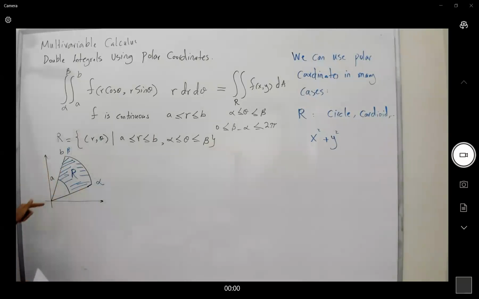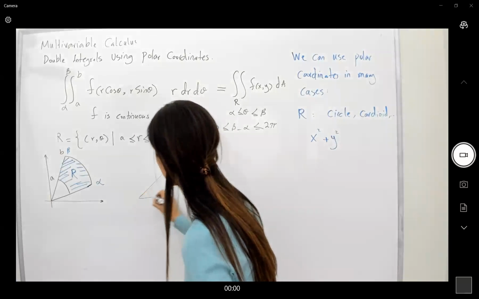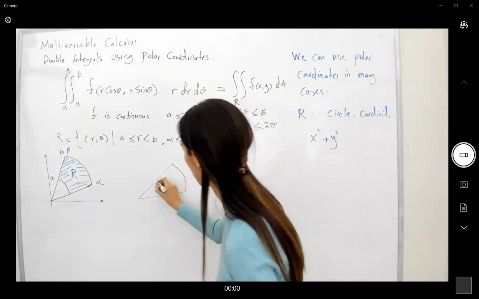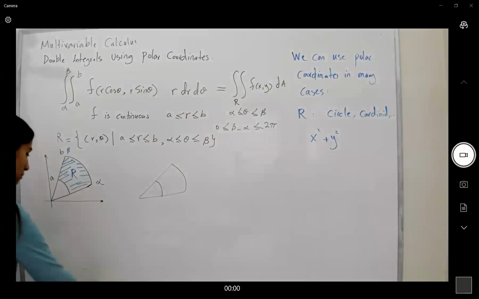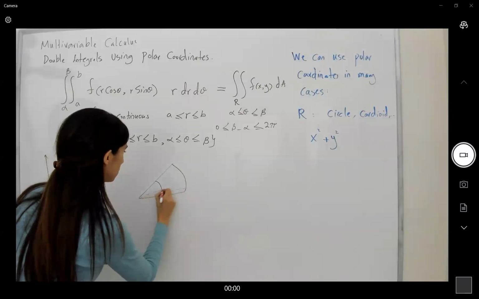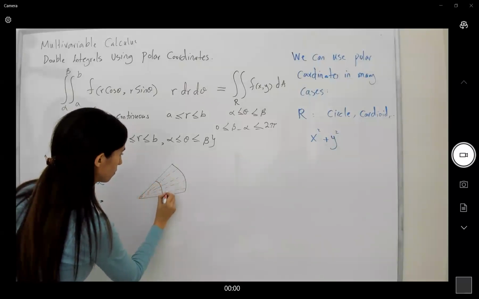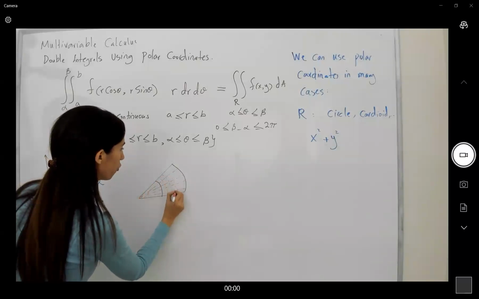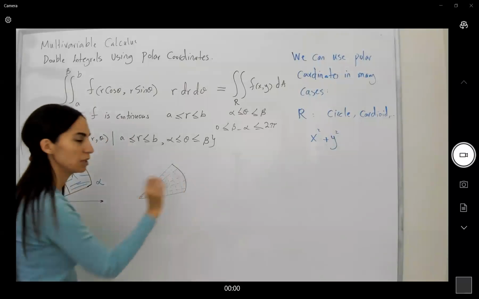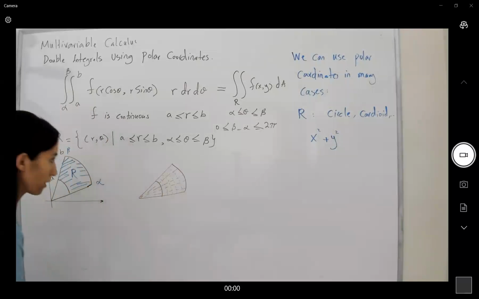What I'm going to do is just slice this region up, like before, trying to get some small pieces out of this sliced piece.